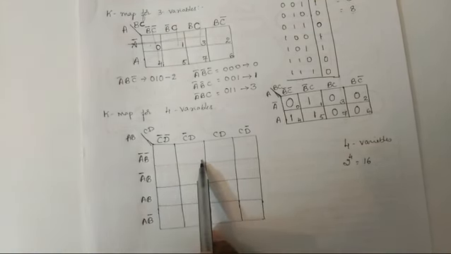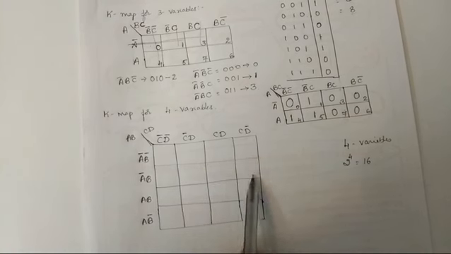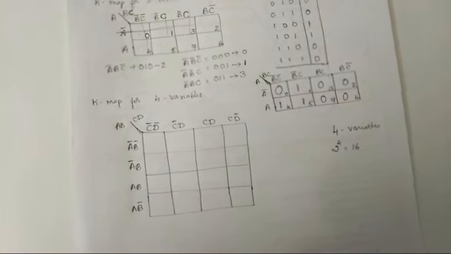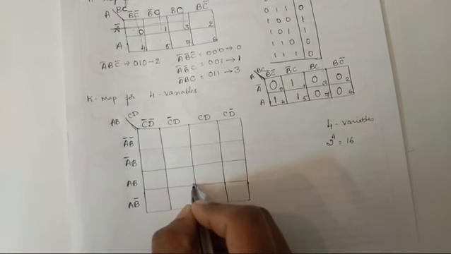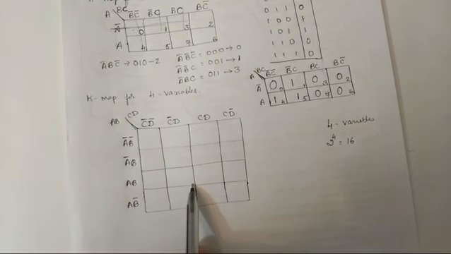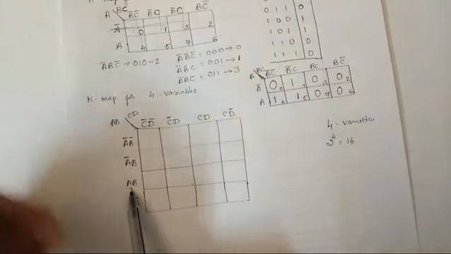Now let us number these cells. Let me take 1 or 2 cells randomly, and I'll show you. Let me take this cell. How do we have to name it? We will take the corresponding variables.